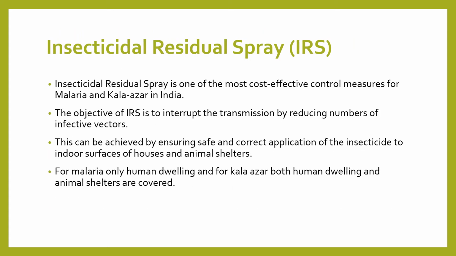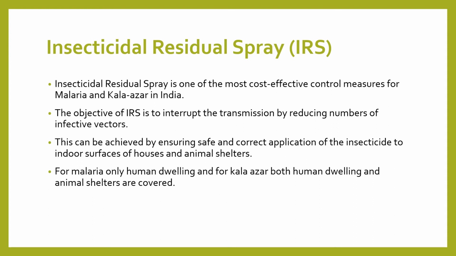The implementation of integrated vector management involves one strategy, IRS, that is insecticidal residual spray. The National Malaria Control Program is currently using IRS as the primary method of vector control in rural settings. This is one of the most effective control measures for malaria and Kala Azar in India.